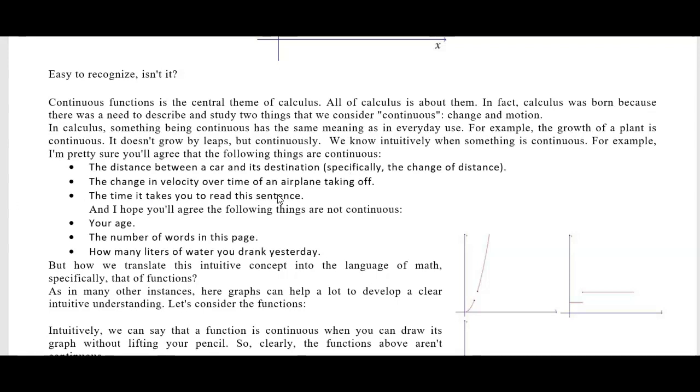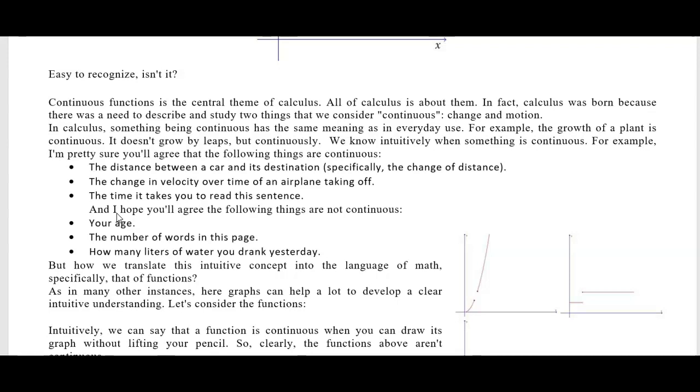The time it takes you to read this sentence, and then things that are not continuous: if you were graphing your age, you're 14, then you're 15. So age would look like what type of function?